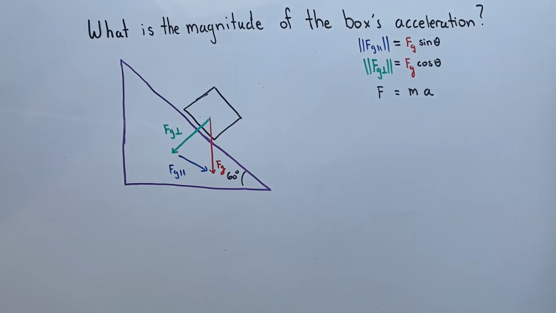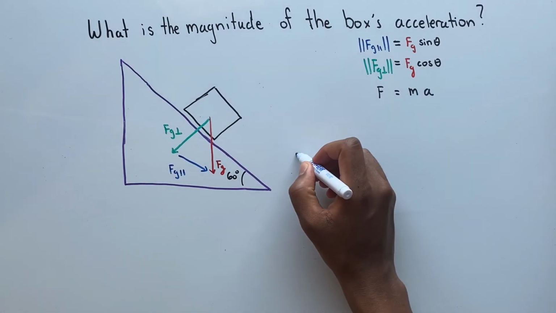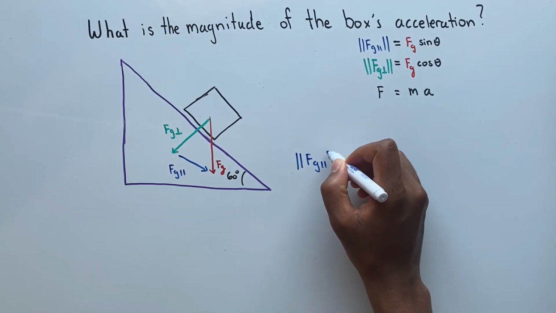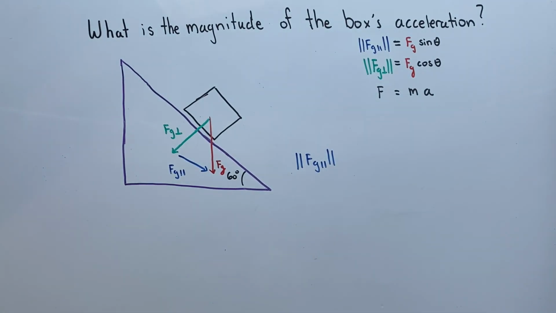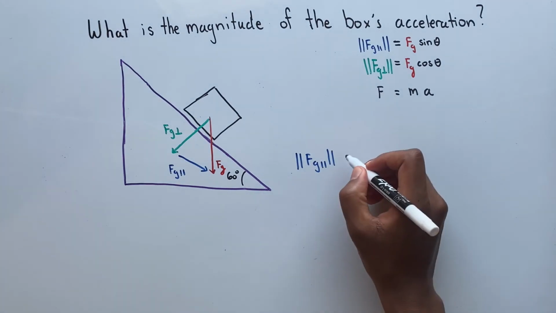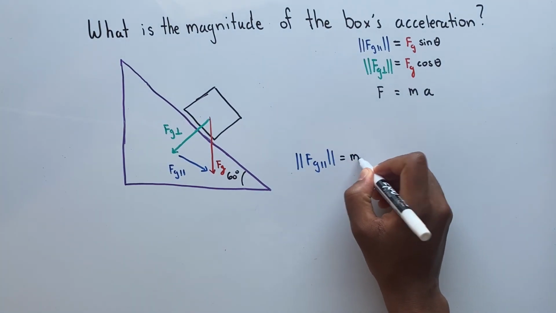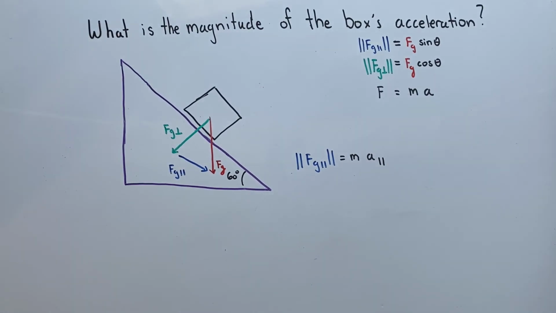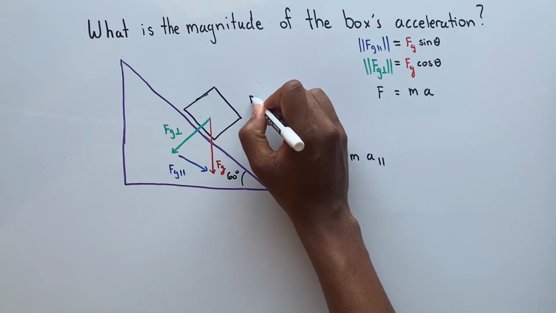So using this principle, we can say that the magnitude of the force of gravity that is parallel to the surface is equal to the mass of the object times the acceleration in the parallel direction. And before we move on, I forgot to mention that the mass of our object is 4 kilograms.